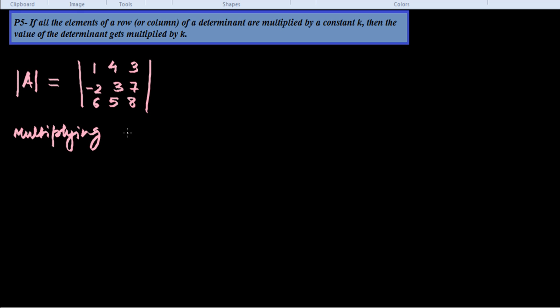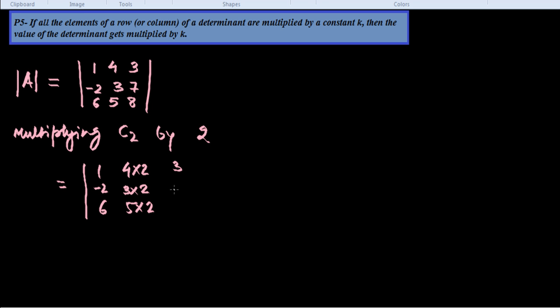The first column stays as it is, the second column is multiplied by 2: 4 into 2, 3 into 2, 5 into 2. The third column stays the same.